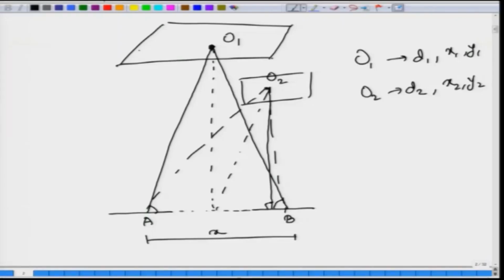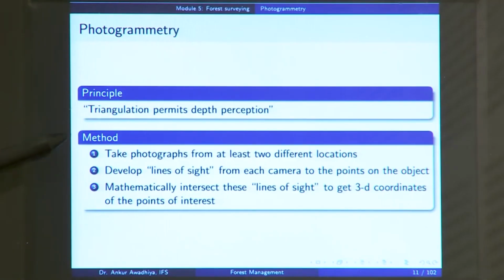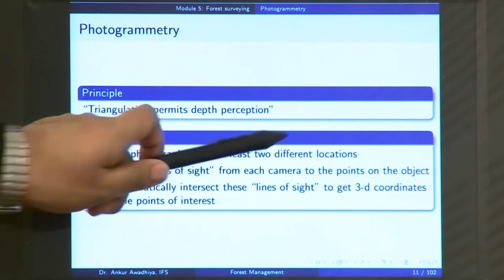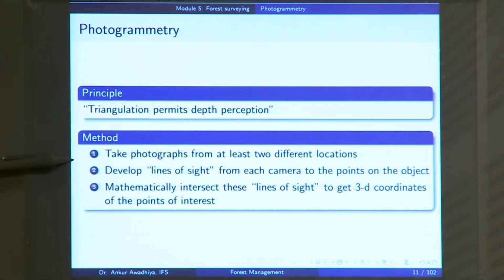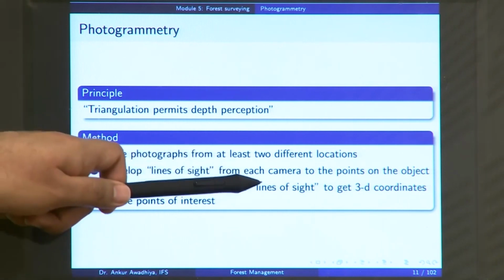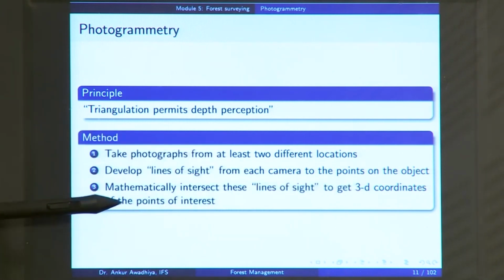Now, how does this method of photogrammetry work? You take photographs from at least 2 different locations and develop lines of sight from each camera to the points on the object, and then you mathematically intersect these lines of sight to get 3D coordinates of the points of interest. So, this is what we just discussed.